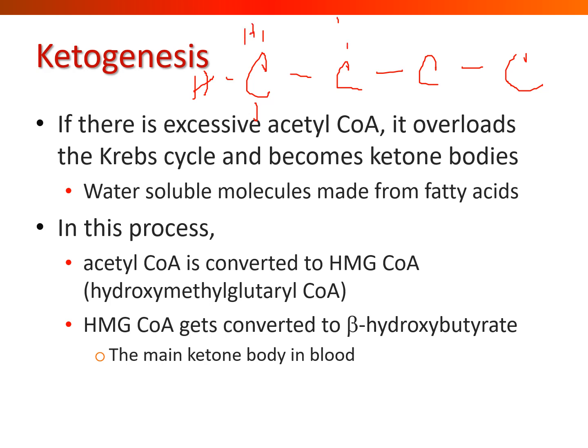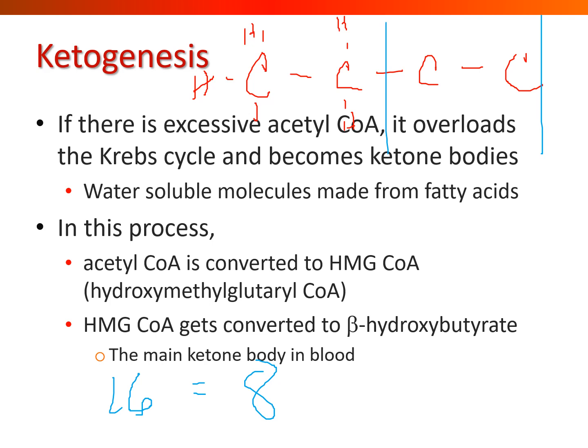In order to make these 2-carbon molecules, we're going to cleave this big long fatty acid chain into 2-carbon molecules. So let's say that we had a 16-carbon chain fatty acid. That would give us basically 8 acetyl CoAs. We don't get 8 acetyl CoAs from a glucose molecule, we only get 2.